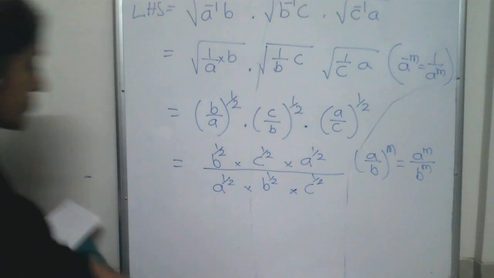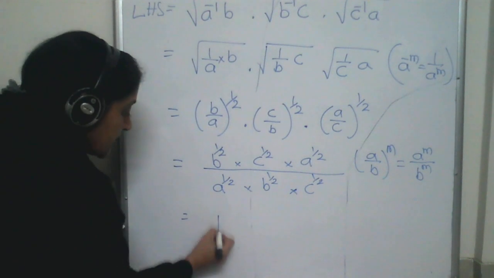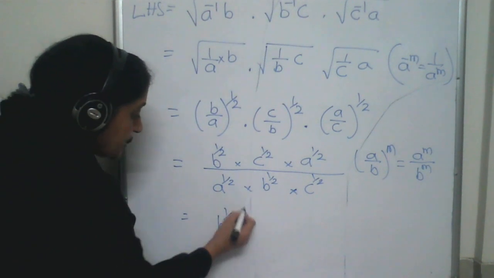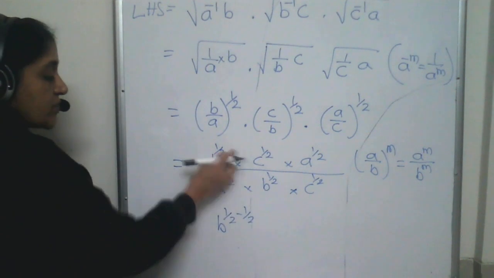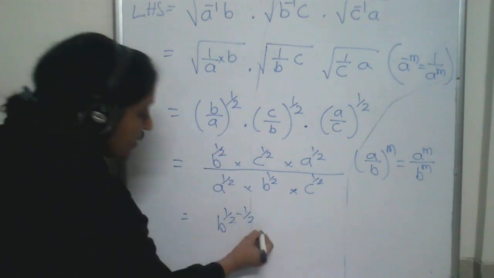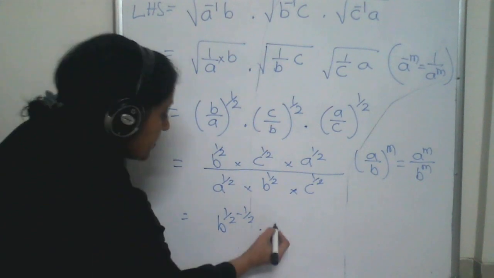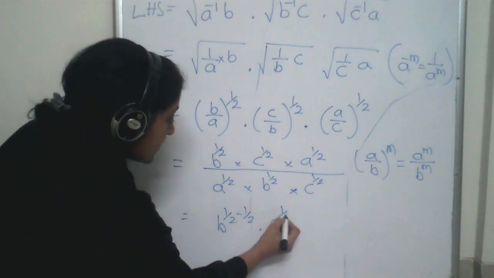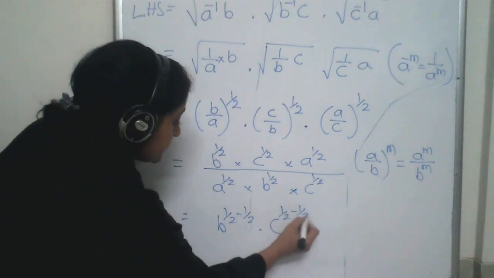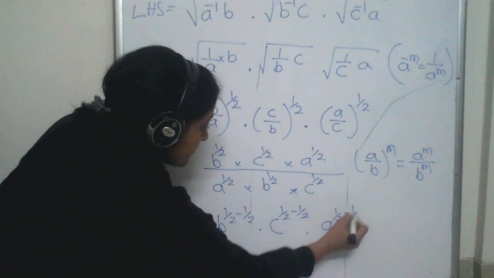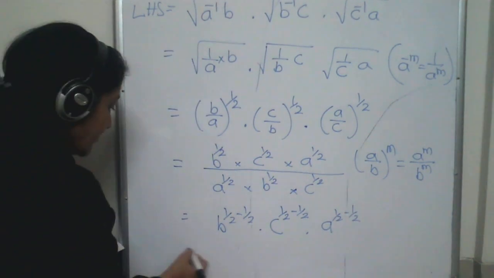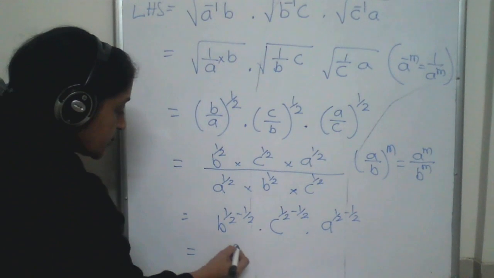Now, here, see here, b to the power 1 by 2 minus 1 by 2. Why? Here it is in division. If you take it to the numerator, it will be multiplication, so subtraction. Then a to the power 1 by 2 minus 1 by 2. Now all of them will have the power as what? 0.